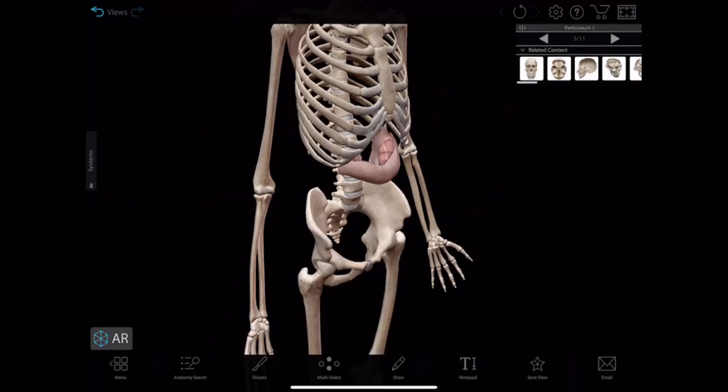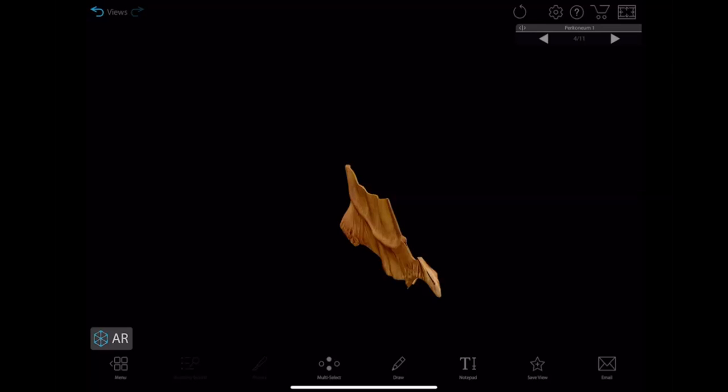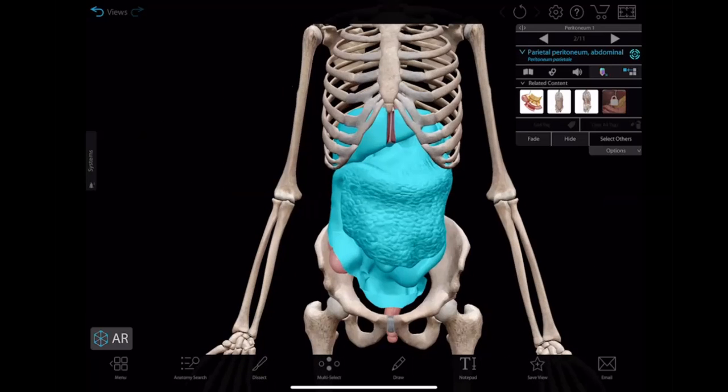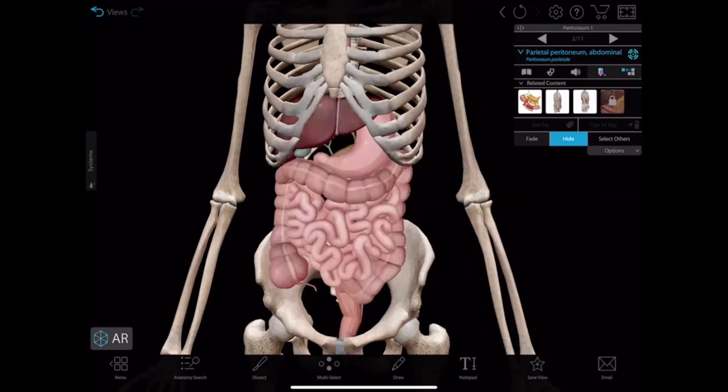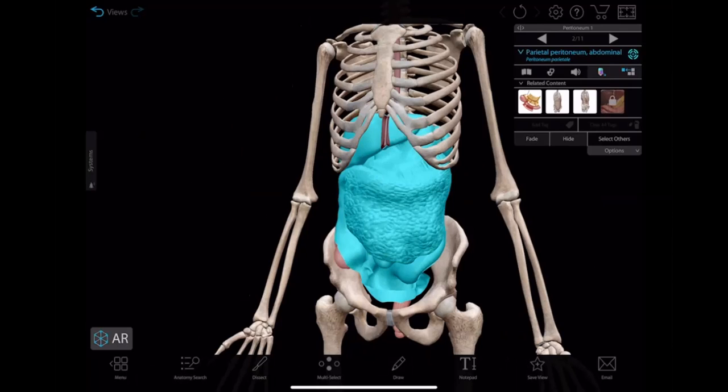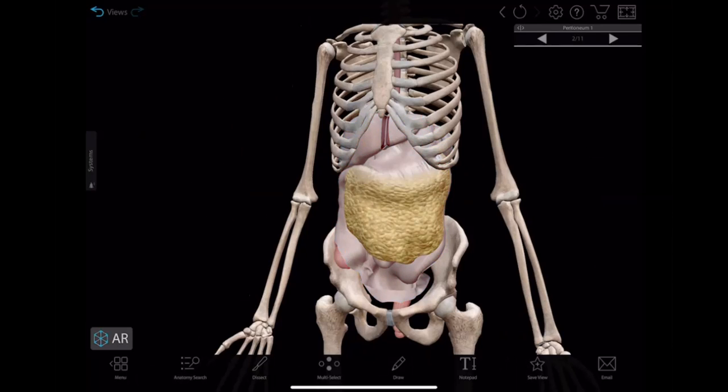Just wait. So you see, we'll remove the parietal peritoneum, right? We'll remove the visceral peritoneum, right?